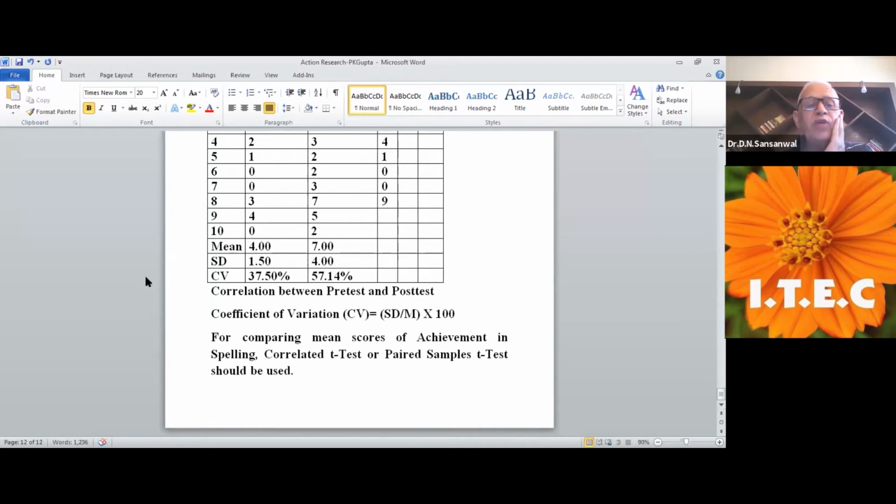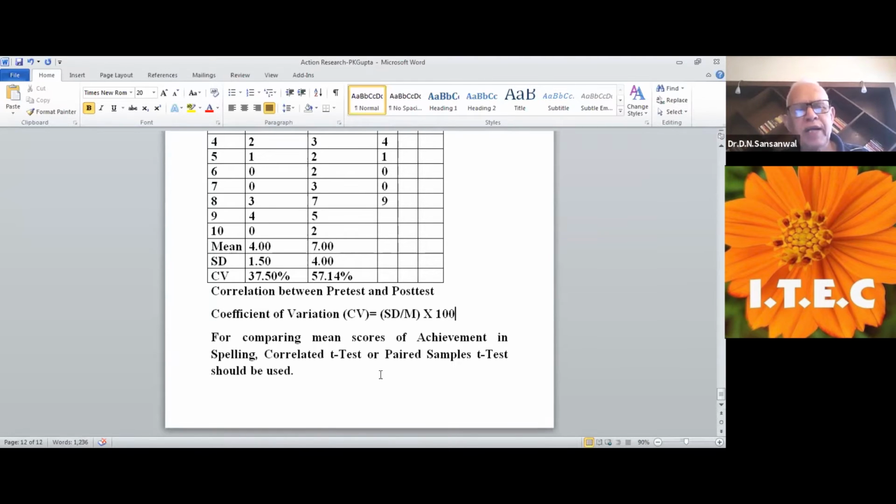If you are doing it for the pre-test, then it is the standard deviation for the pre-test and the mean for the pre-test. When you are doing it for the post-test, it is the standard deviation for the post-test and the mean for the post-test. That's one thing you can do. But if you want to use some statistical technique, then you can use SPSS.